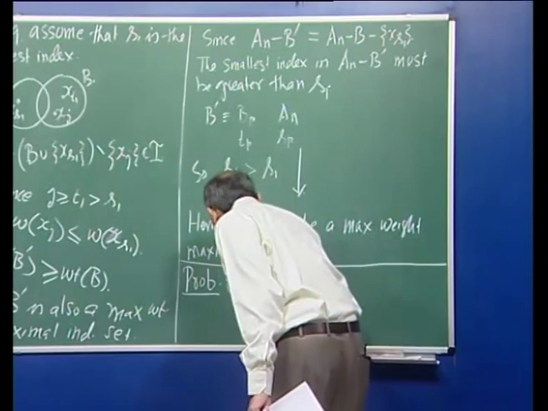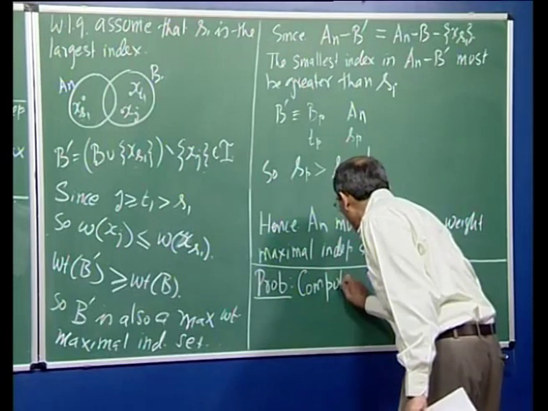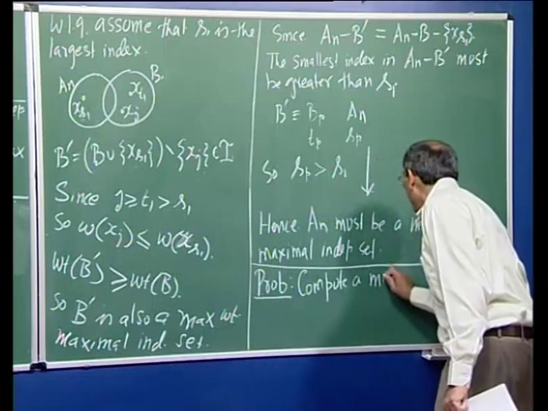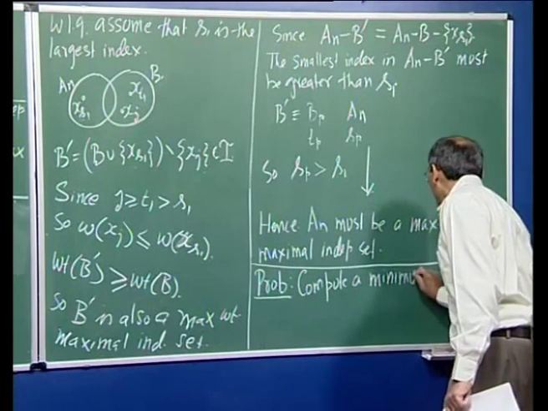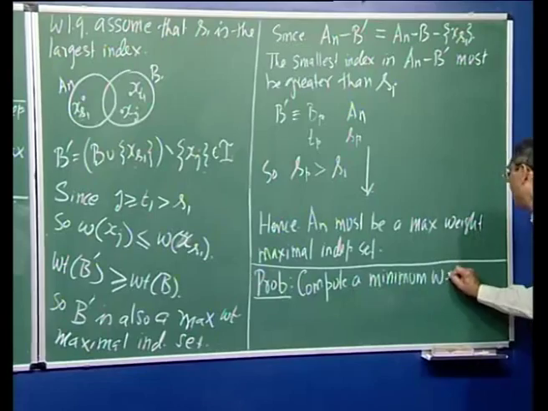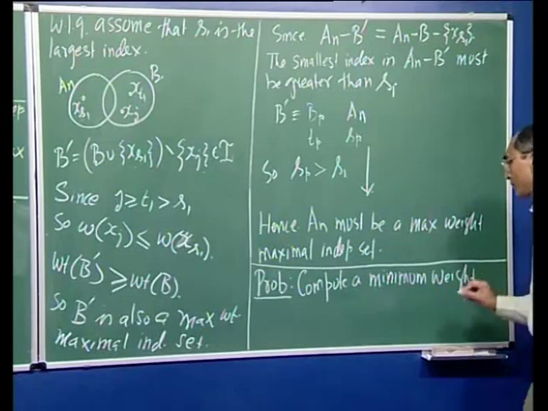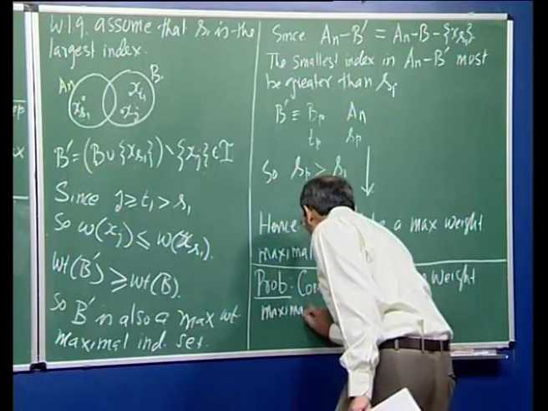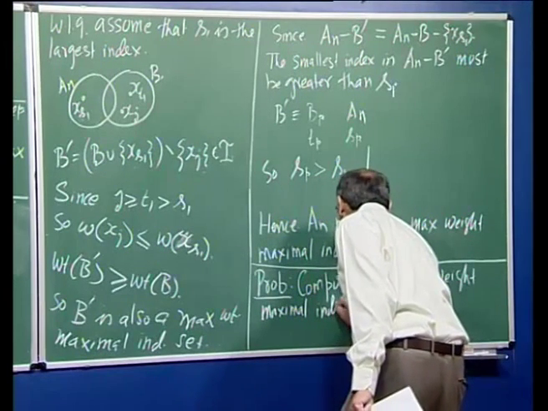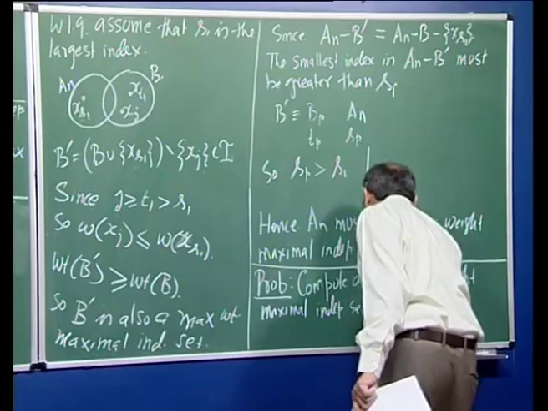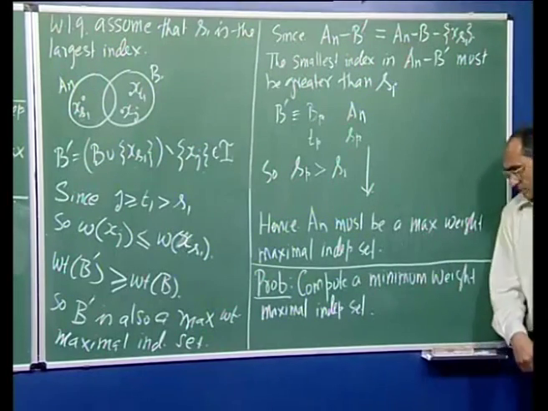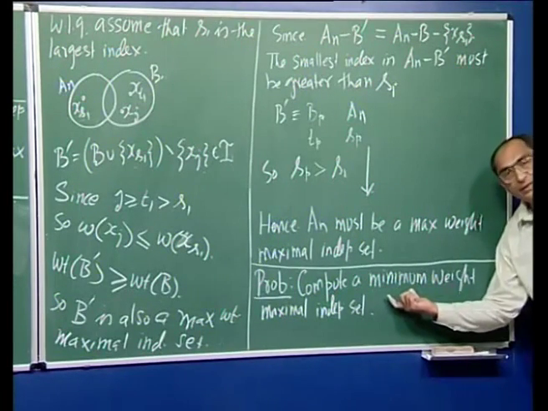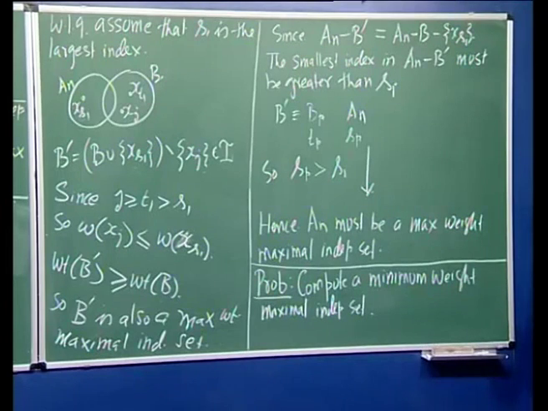Compute a minimum weight maximal independent set. So, the only change here is that instead of maximum I want to compute the minimum weight. So, how do we solve this problem?